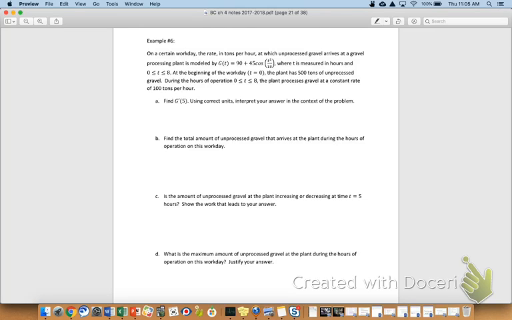I want to focus you guys on something, and if you end up being kind of faster than the average student in here, and you get done with these two things I'm going to have you do, and you want to do the other ones, you're welcome to do that. But I want you to focus on the stuff that really has to do with what we're doing. So I would like for you guys to focus on part B and part D. Parts A and C are really good.